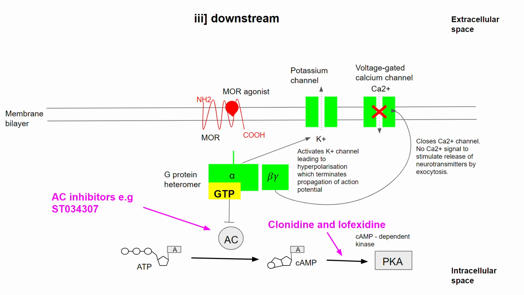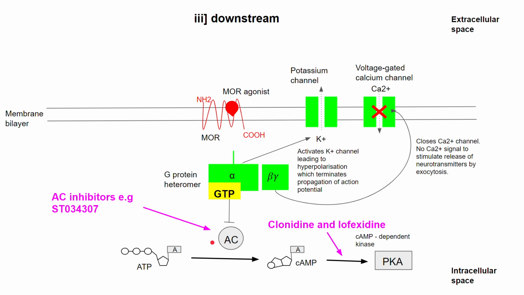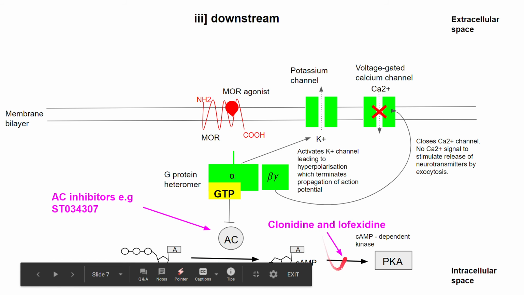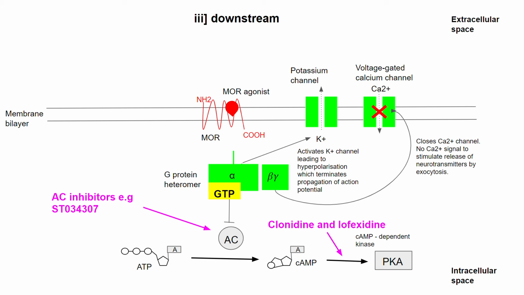A few ways we can try to combat this would be to target the adenylyl cyclase pathway, which is upregulated in mice or humans with chronic opioid exposure. So drugs targeting this, or targeting some downstream effects of cyclic AMP, would be good targets to prevent dependence and withdrawal.